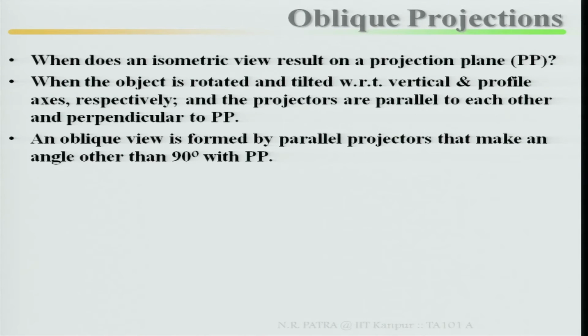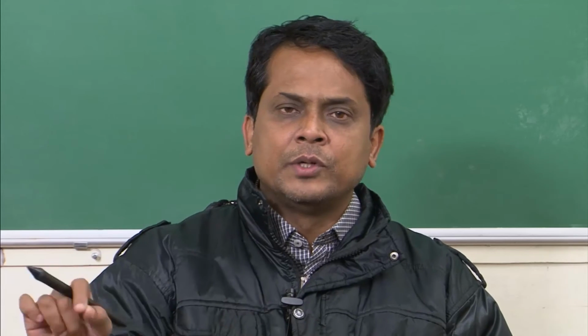An oblique view is formed by parallel projectors that make an angle other than 90 degrees with your picture plane. Look at the difference: the projectors are definitely parallel to each other, but not perpendicular to your picture plane.